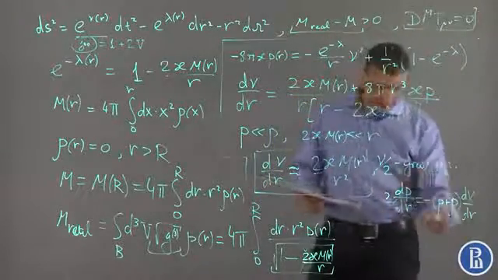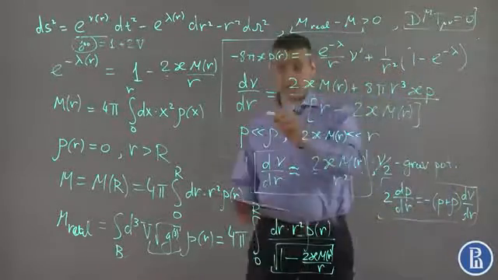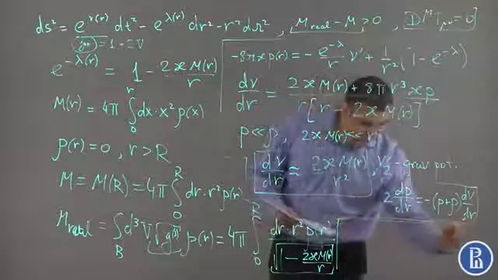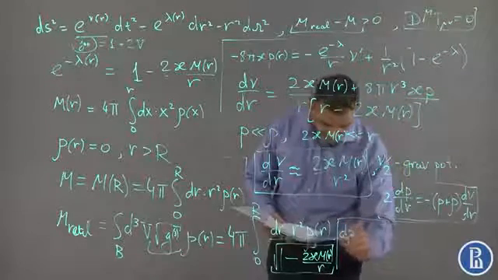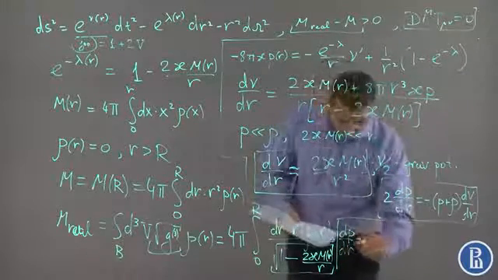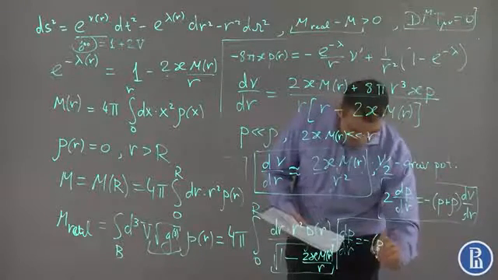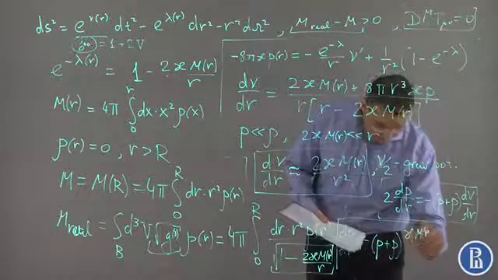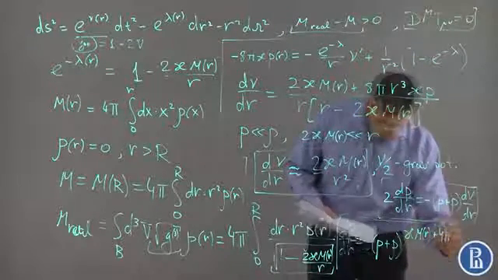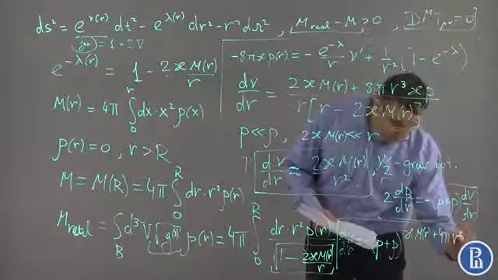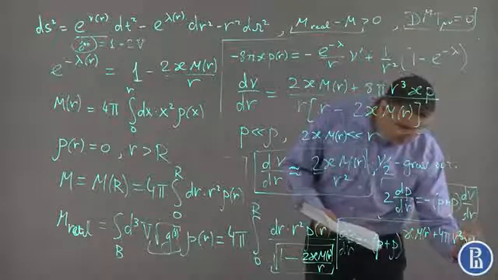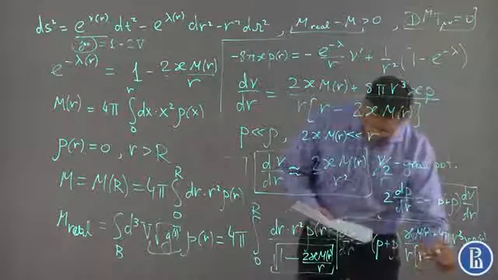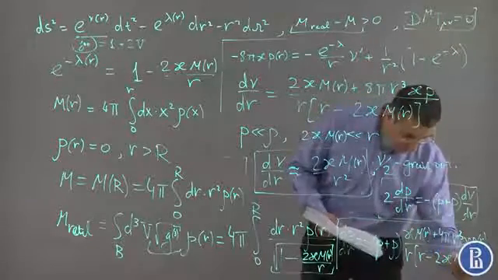And if we use this in here, we obtain the following equation for the pressure: dp/dr is equal to −(p + ρ) times (κm(r) + 4πr³κp(r)) divided by r(r − 2κm(r)).